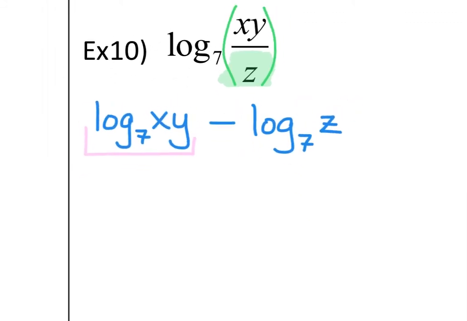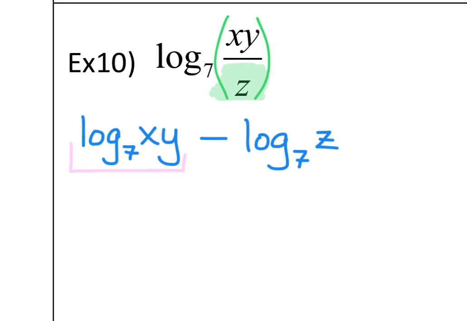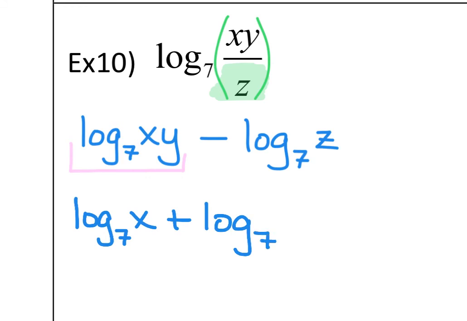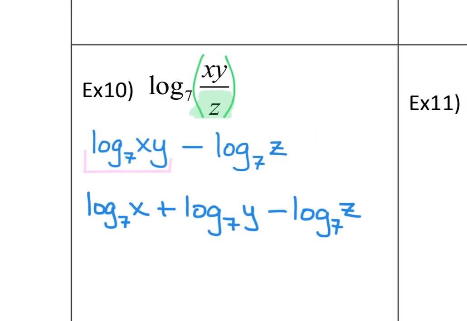So I'm going to take that log base 7 of xy and write it as an addition problem. So log base 7 of x plus log base 7 of y minus log base 7 of z. And that's it. That's your final answer.